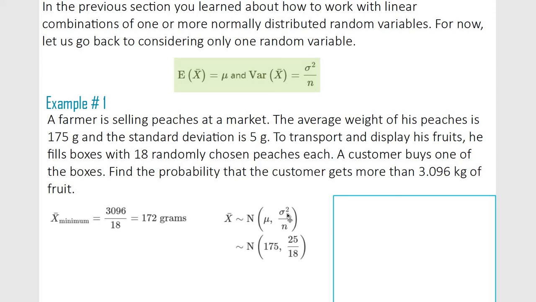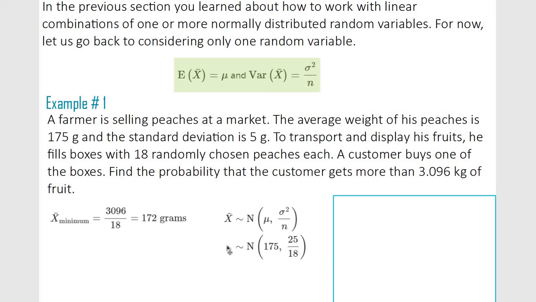So now I take my variance, remember the standard deviation is 5, so the variance is 25, and now I'm dividing by how many peaches I want, because the more peaches I choose, the less variance in my sample, because I expect them to follow that average more. The more peaches I collect, the better the average of those peaches will match the actual average of the population. That's why my variance gets smaller with the more peaches I collect.